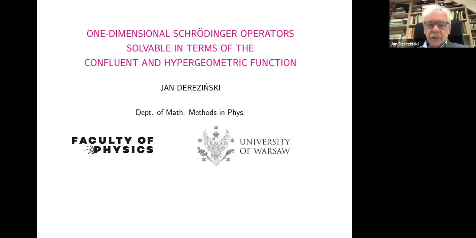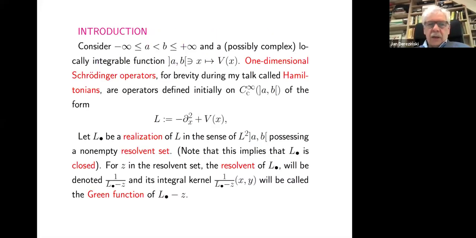Let me first say what I mean by Schrödinger operator. A one-dimensional Schrödinger operator, which for brevity I call a Hamiltonian, will be an operator of the form minus the second derivative plus the potential.